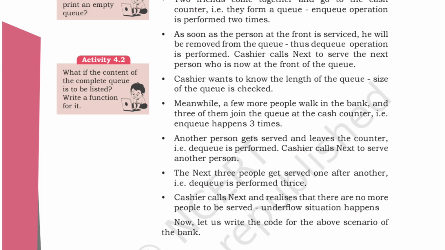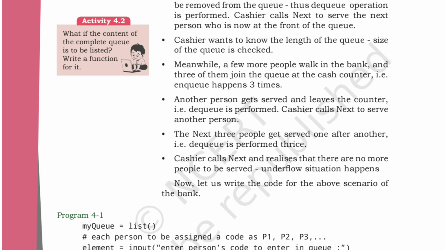Okay, another person gets served and leaves the counter, so DQ is performed again. Then the cashier calls the next to serve, and the next three people get served one after another, so DQ is performed thrice. Okay, then the cashier calls next and realizes that there are no more people to be served, that is an underflow situation, right?